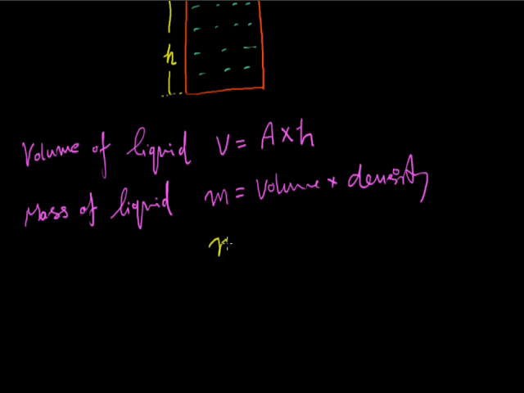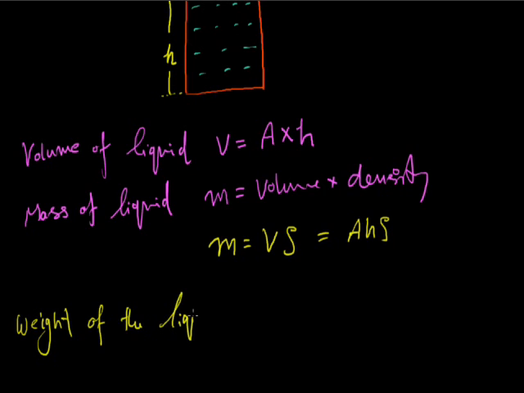So that mass will be equal to V into rho, that will be equal to A h rho. Now weight of the liquid column, W is equal to mg.